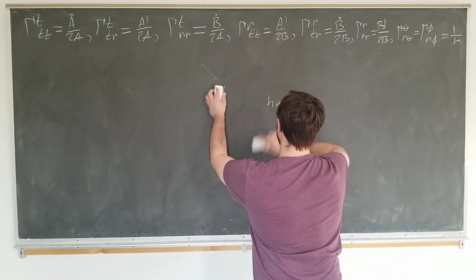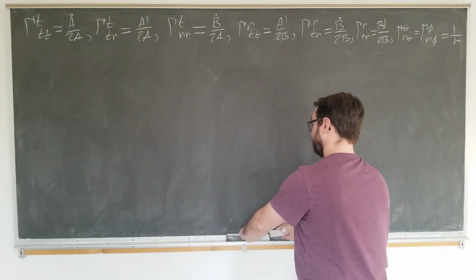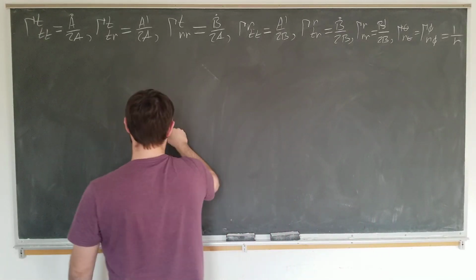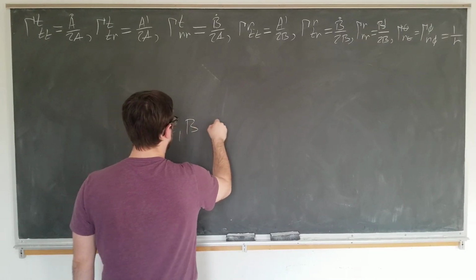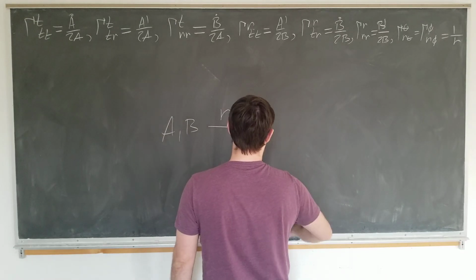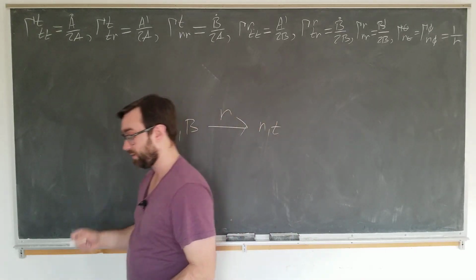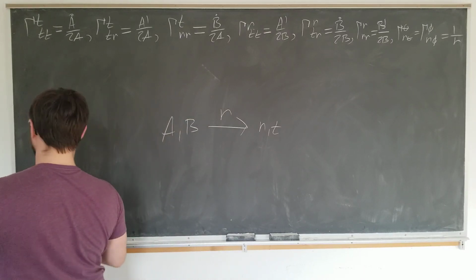Let's go ahead and calculate the one new component of the Ricci tensor when we let A and B go from depending on R to depending on both R and T. Then we get the following new component.